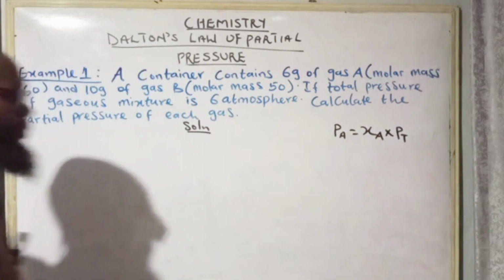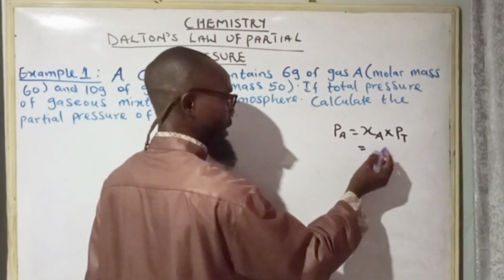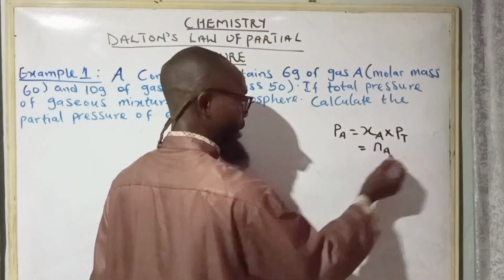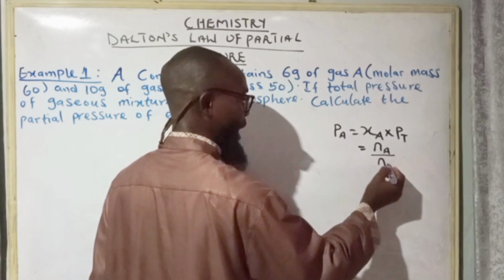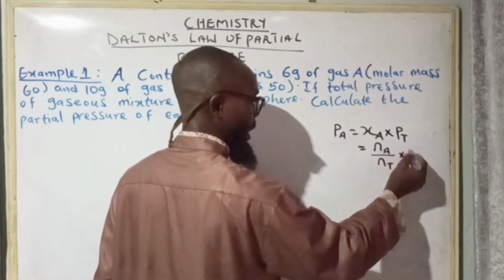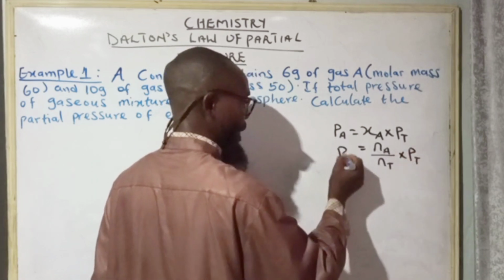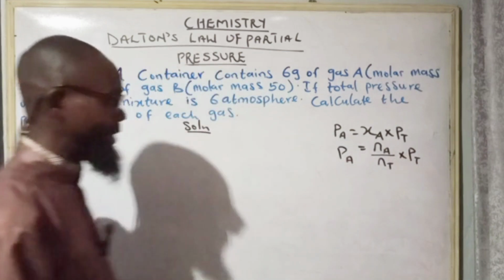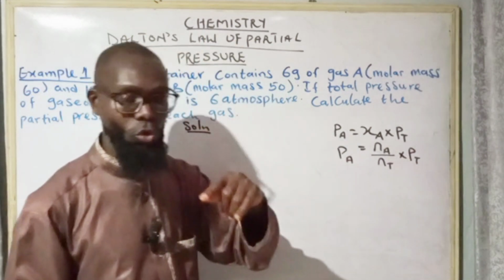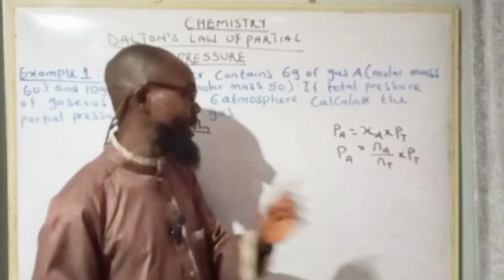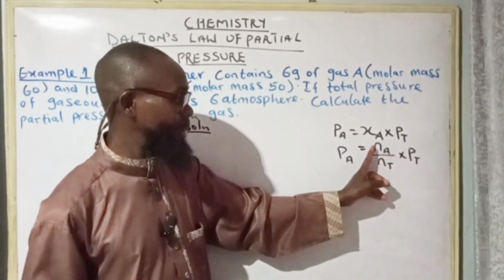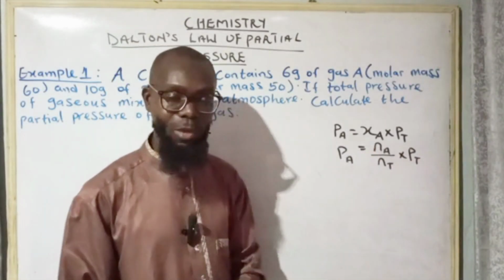Now, our mole fraction of A is the number of moles of A over the total number of moles, multiplied by P total. It's going to give our PA. Well, definitely we are going to work on how to get our number of moles of A and the total number of moles.